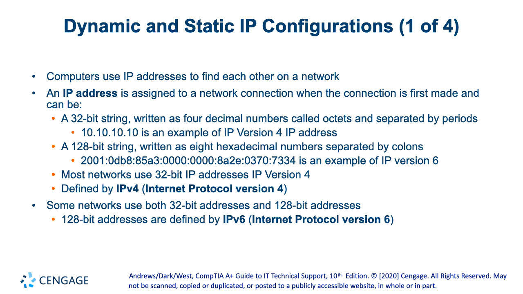And you can see here the 32-bit version 4, 10.10.10.10. That's an example of an IPv4 address, whereas this 2001:0DB8:3:0:8:8 is an example of IP version 6.